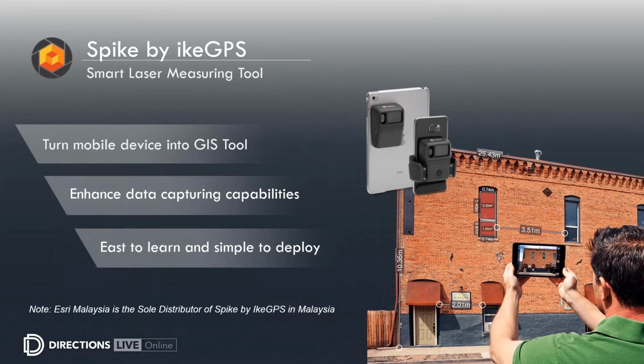It is a smart laser measuring tool that attaches to your iPad, your iPhone, or some Android devices. There are certain Android versions that are supported. Older versions like Android 10 and below will not be supported, so as much as possible, try to get the latest versions of Android.